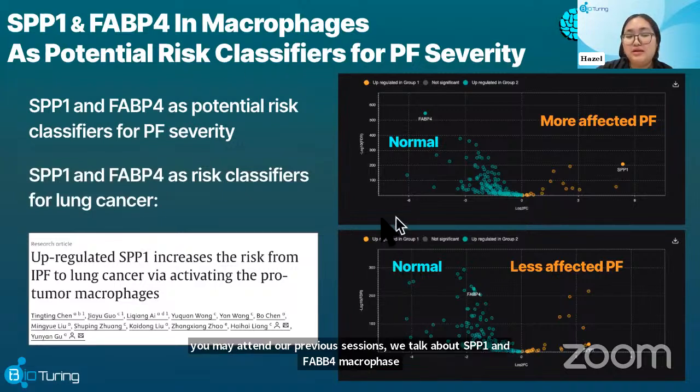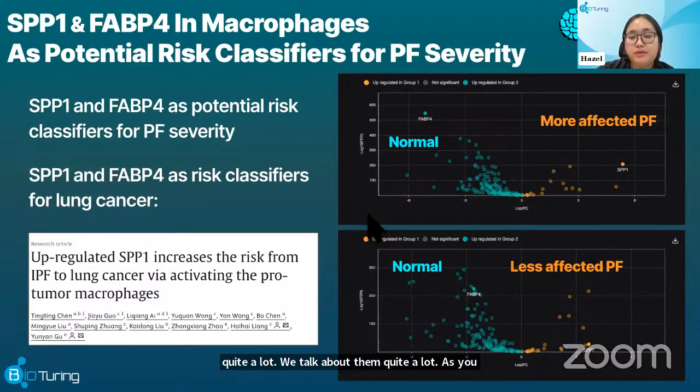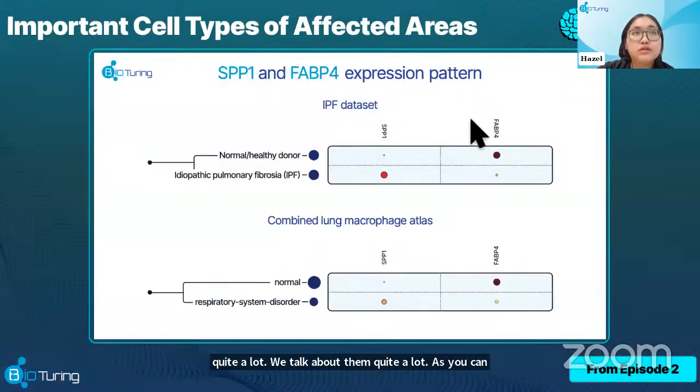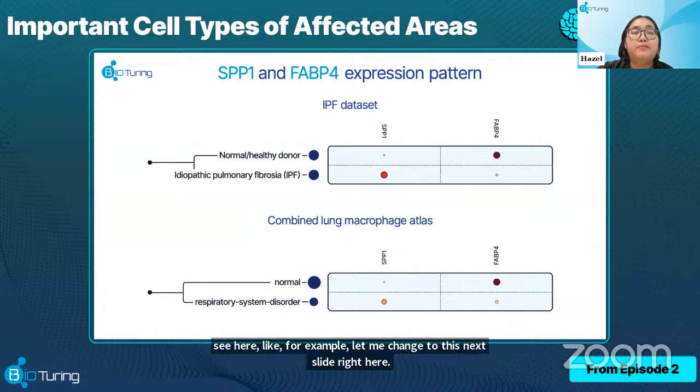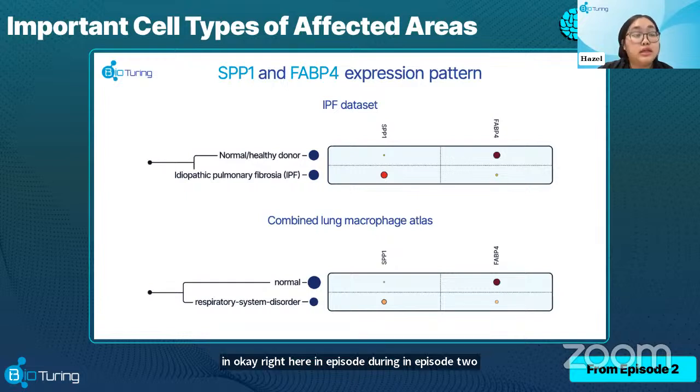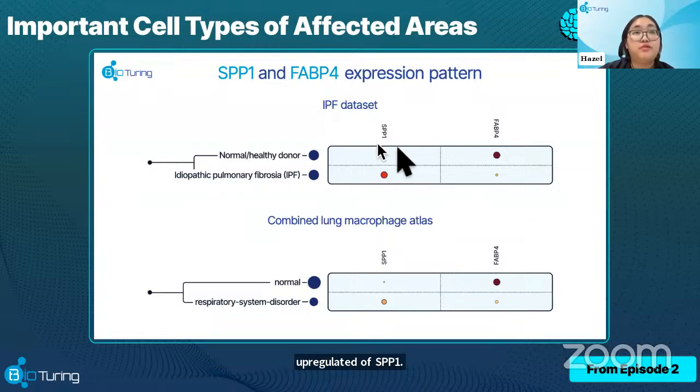As you can see here, let me change to this next slide. In episode 2, when we investigated single cell RNA-seq data, we found the same pattern of SPP1 and FABP4 in IPF: upregulation of SPP1 and downregulation of FABP4 in the IPF patient.